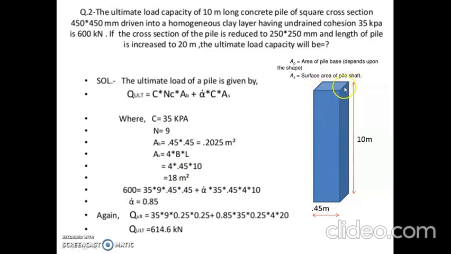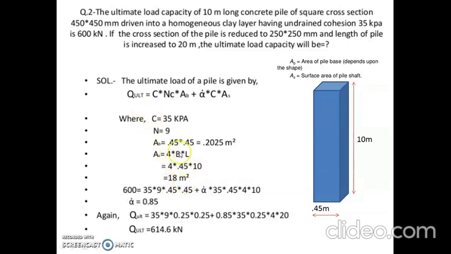So it is 4 times the width, so it is 4 into 0.45, into length is 10 meter. So 4 into B into L, that is 4 into 0.45 into 10 will give us the surface area, that is A_S of the shaft. And A_S we get as 18 square meter after calculation.